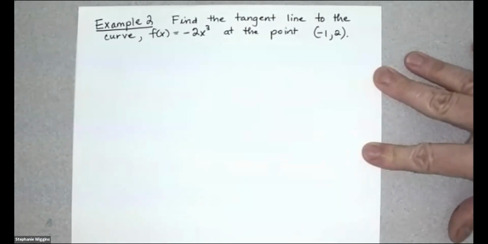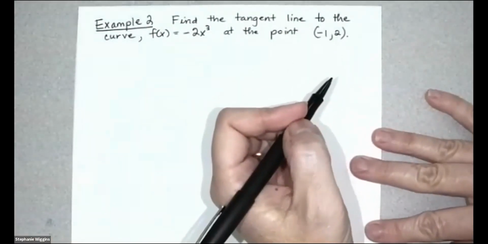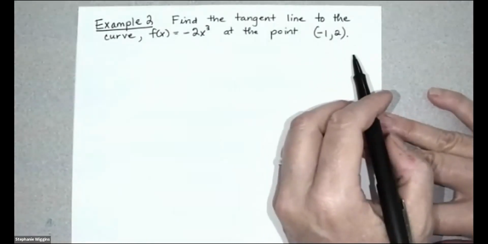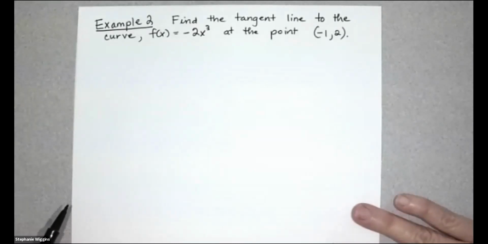Okay, so again, we're given a function, we're given the point, and we want to find the tangent line for the function at that point. So step 1, since we're looking for a line, is to find the slope.